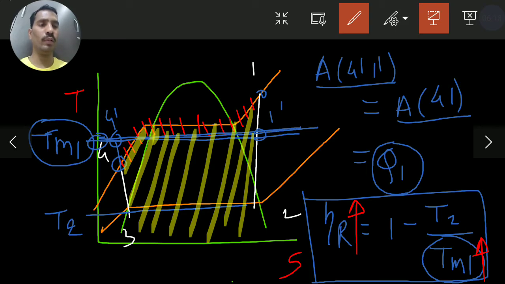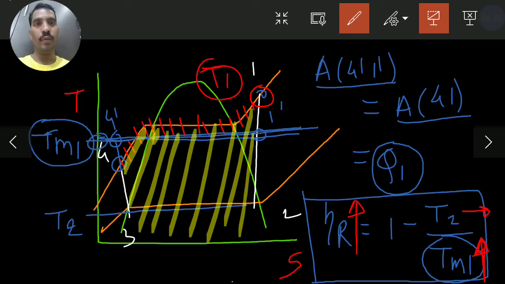And T2 is generally constant, it depends upon the atmospheric conditions. So for increasing the efficiency of the Rankine cycle, we should increase the mean temperature of heat addition. Mean temperature of heat addition is increased by increasing this temperature T1.